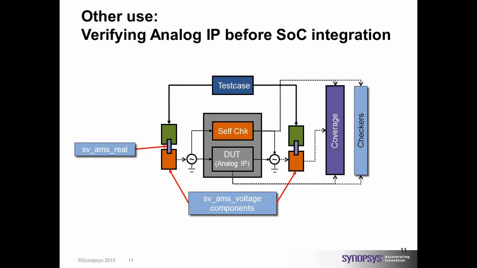These are basically generators and drivers of the particular electrical or real signal. Then there is a transaction layer called UVM-AMS real, and this base transaction class is responsible for modeling the real numbers which can be used to drive and sample.